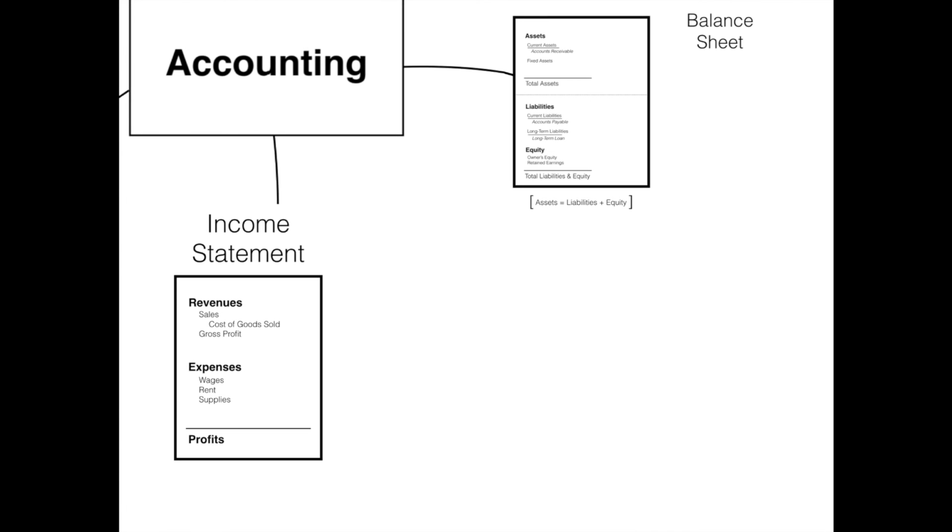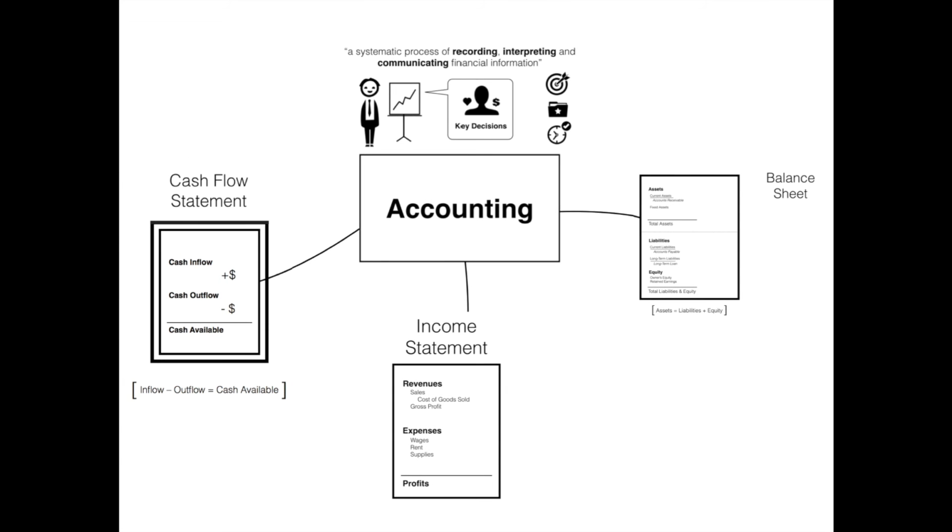From the cash flow statement, the cash available to the company appears on the balance sheet as cash. Also, it's that cash that results from the cash flow statement that allows you to buy further assets for your company that appear on the balance sheet.